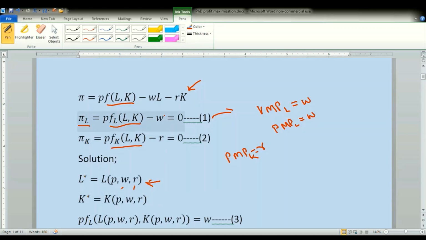Now, while these are the first order conditions that we need to satisfy, remember that we also have a set of second order conditions. So let's write them down so that we do not miss them.